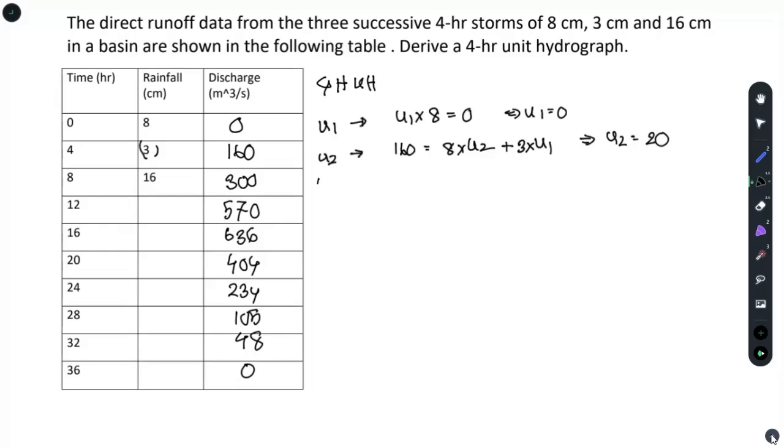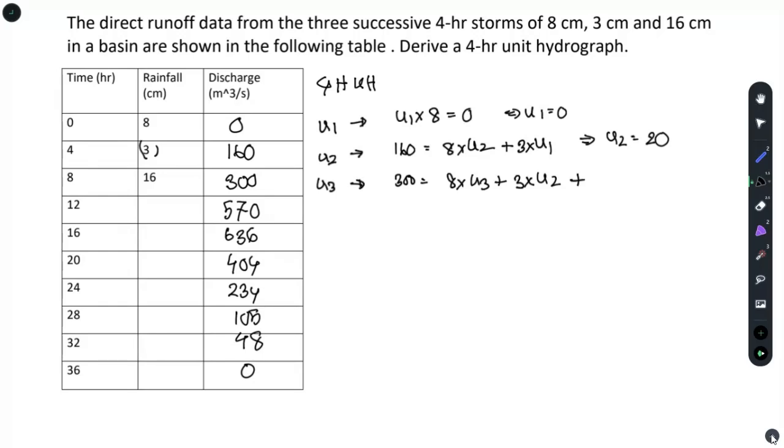Let's say for this discharge I have a unit hydrograph value U3. So how do I get this discharge? 300. I get this discharge for 8 centimeter rainfall, of course, and for that I'll multiply it with U3. And for 3 centimeter rainfall, I will multiply it with U2, because for this discharge 300, the effect of 3 centimeter is multiplied with U2.